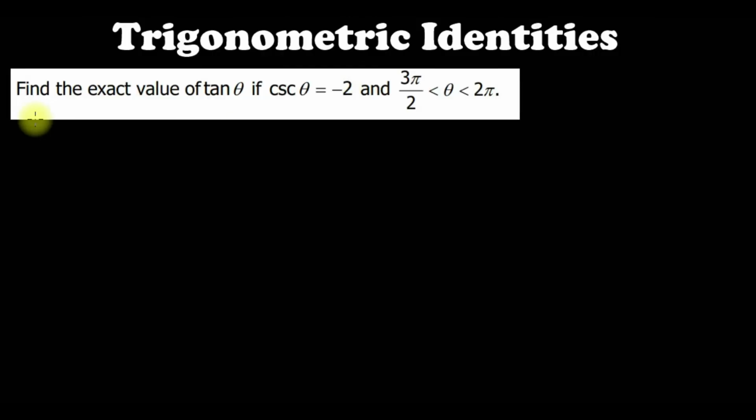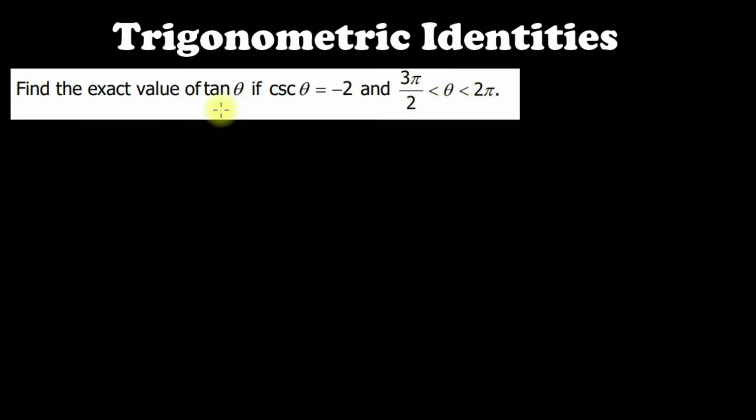So here you have to find the exact value of tangent theta if cosecant theta is -2, and theta is between 3 pi over 2 and 2 pi.